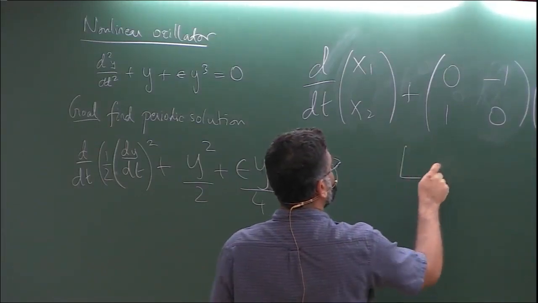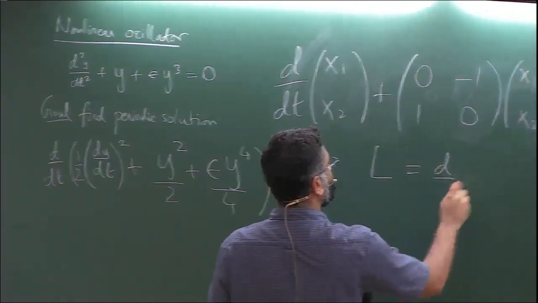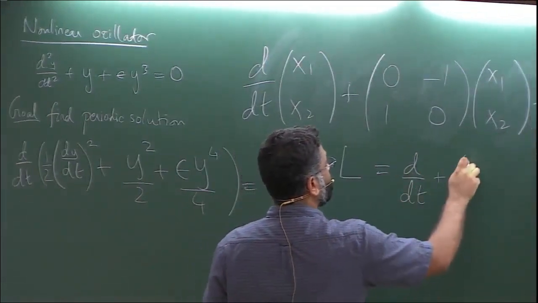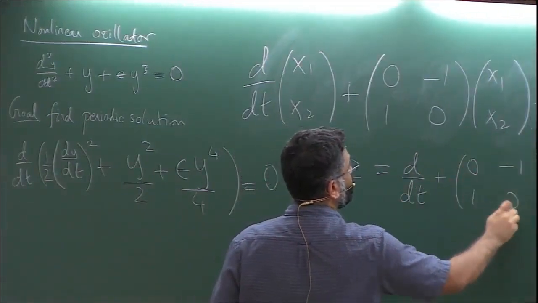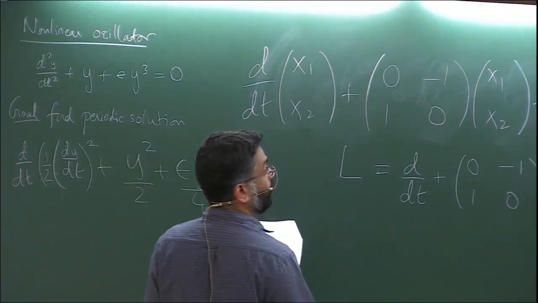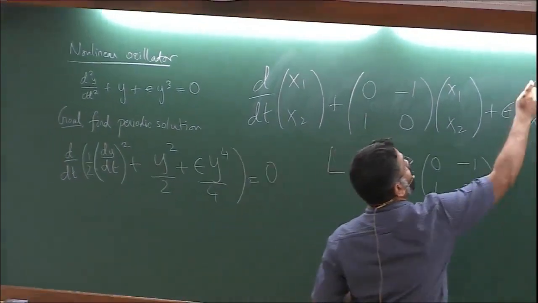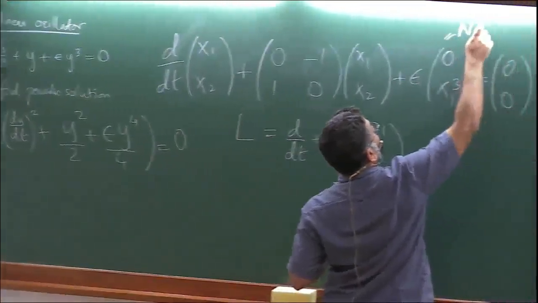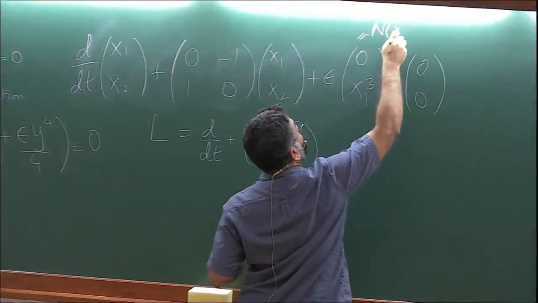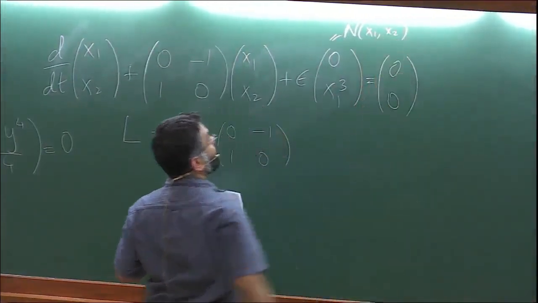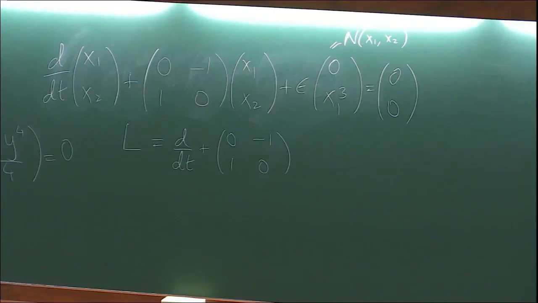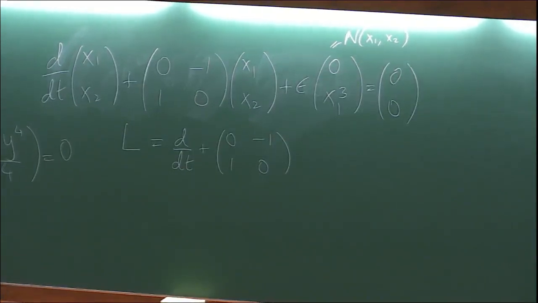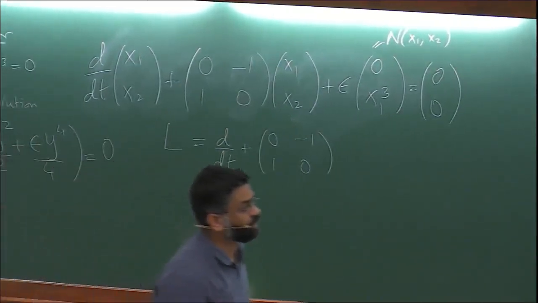So here, my L operator is d/dt plus the matrix (0, -1; 1, 0), and this is what I'm calling, let's say, n of x1, x2. So what's the logic?